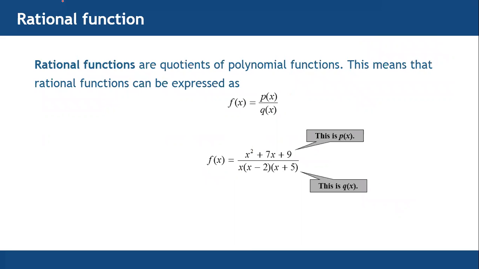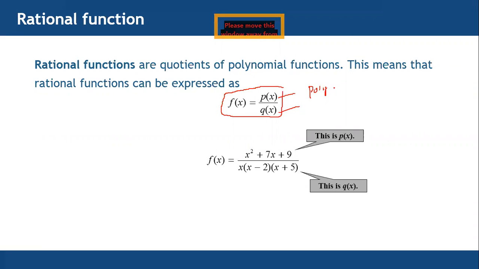Next we have the rational function. A rational function is the quotient of polynomial functions. You can say division, ratio, or fraction of polynomial functions. The general form of a quotient function is f of x equal to p of x divided by q of x, where both p of x and q of x are polynomials.